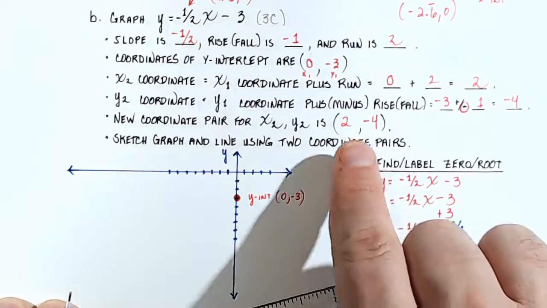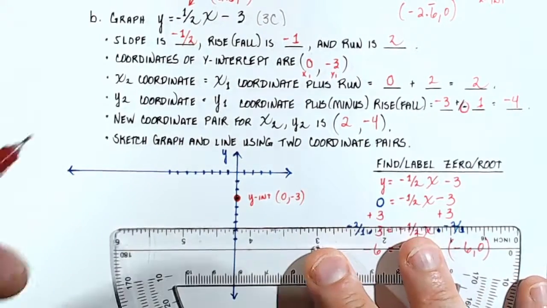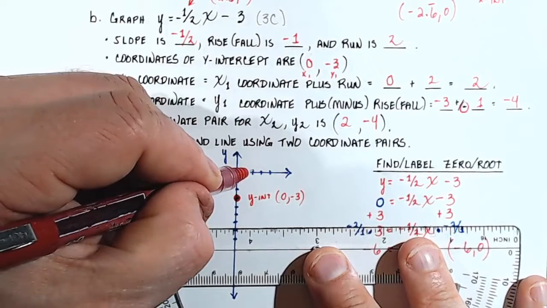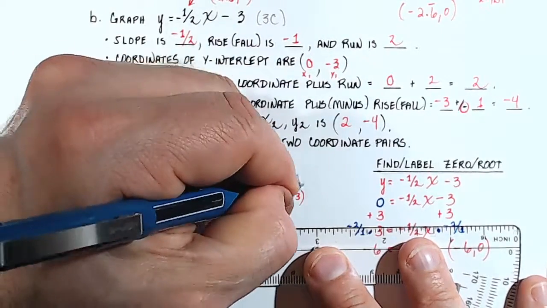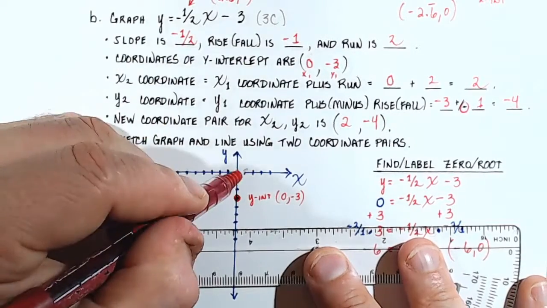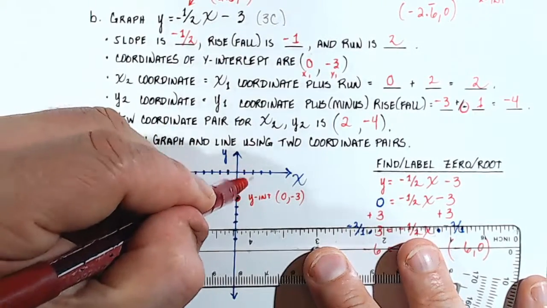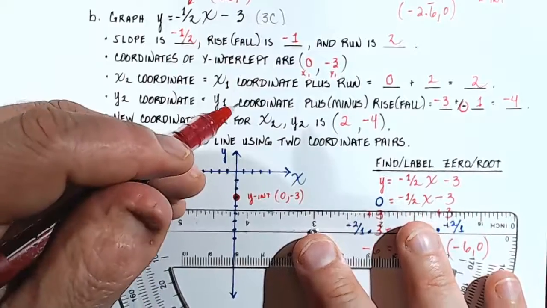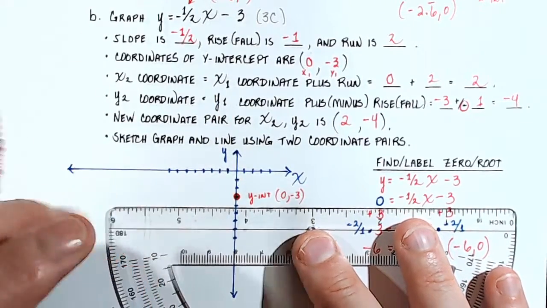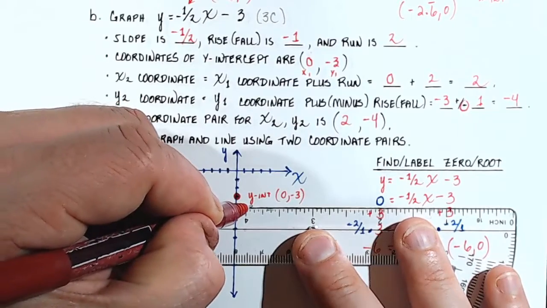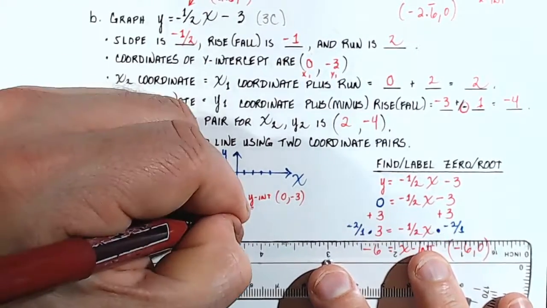Okay, the next point is this 2, negative 4. So here we're over 2 on the positive side on the x-axis, so I didn't label my axis x. On the x-axis, we go over 2 and then down 4. So that would be right here.